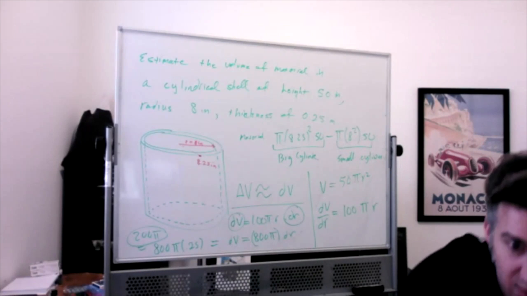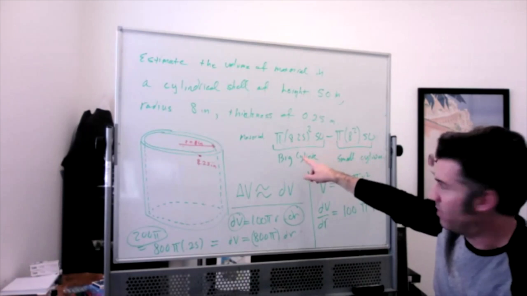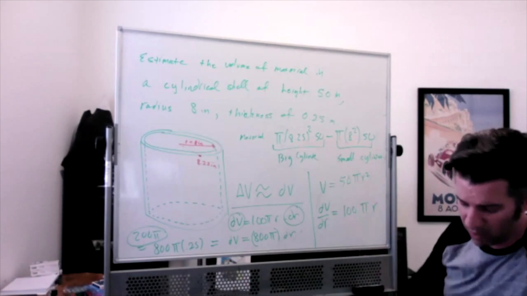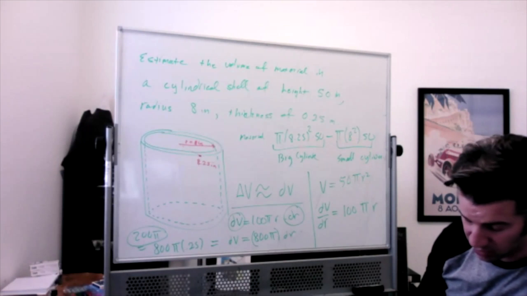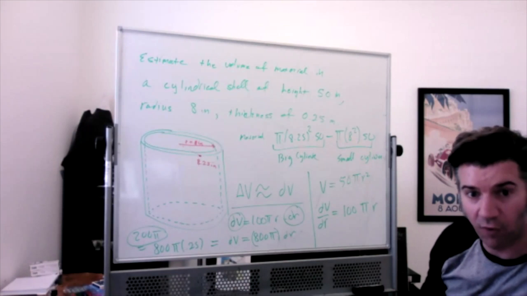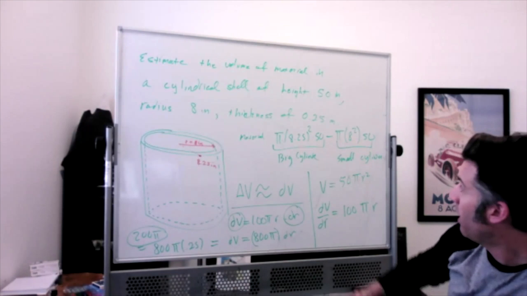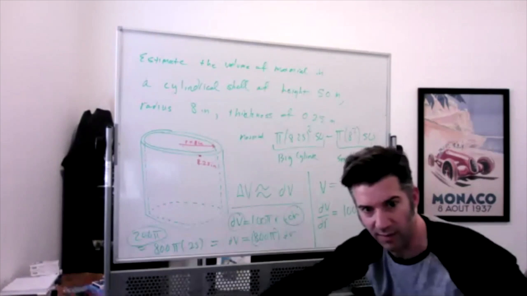Just to let you know, if we calculate this, I can factor out the 50 pi, and I'm really just looking at 8.25 squared minus 8 squared. 8.25 squared is 68.0625, minus 8 squared, I get 4.0625. And 4 times the 50 pi would give you 200 pi.